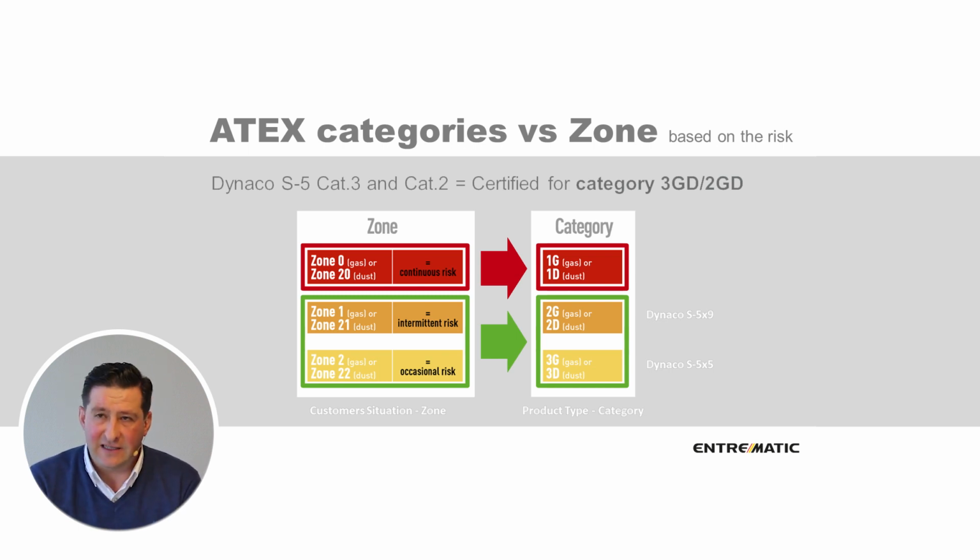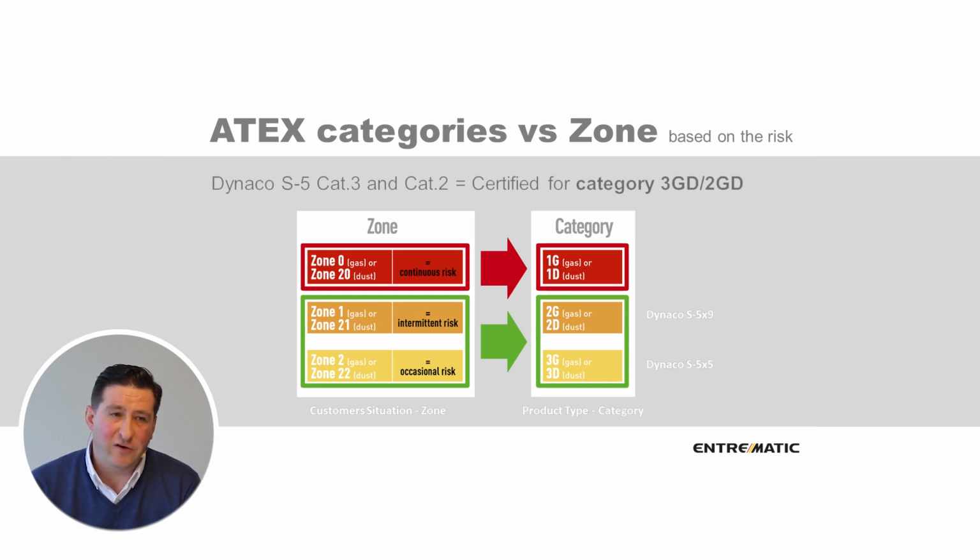Next to that, on the right side, we talk about category. This means a product that is certified to be used in an ATEX zone is allocated a category. And there you see the confusion: for example, at the right side, a category 1 product is accepted to be used in zone 0 and 20.